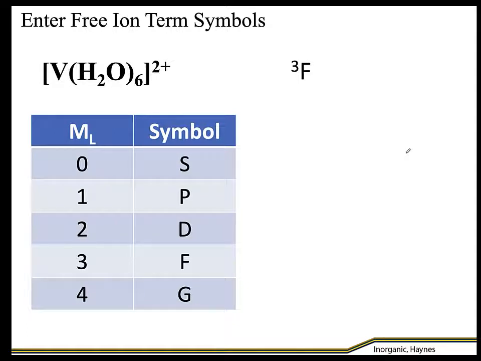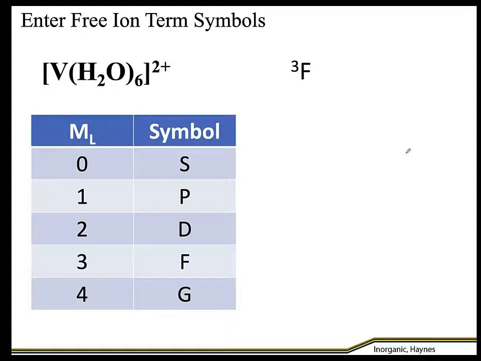Well, that symbol comes from this value of M sub L. Those of you who do computer science or maybe have some experience with Python in the past might be comfortable with the fact that we start counting at 0, because that's how it's done in Python. But this is our list in our table here. We can see that this follows the order of our orbitals that we are used to deriving. So S, P, D, and F. Values beyond that just go in alphabetical order. So we go F to G, and then H, and then I.